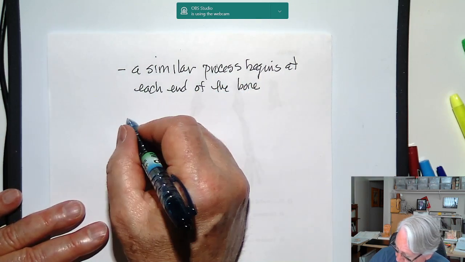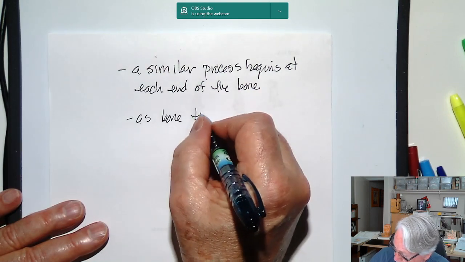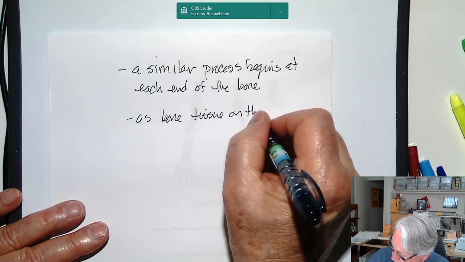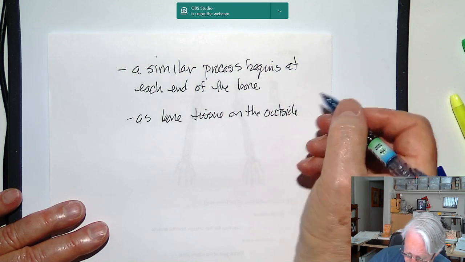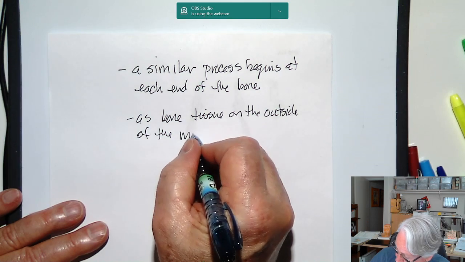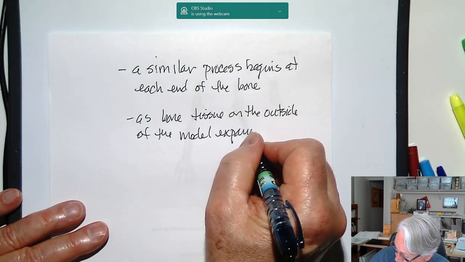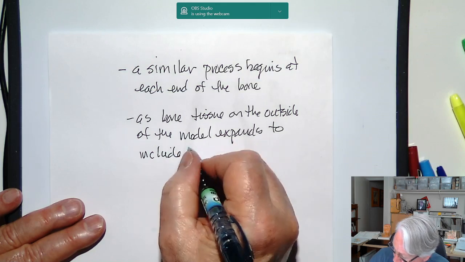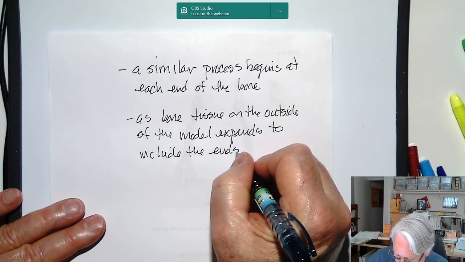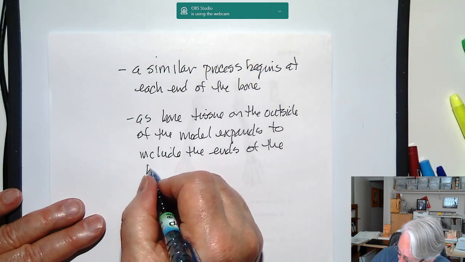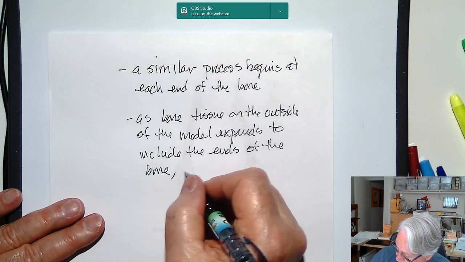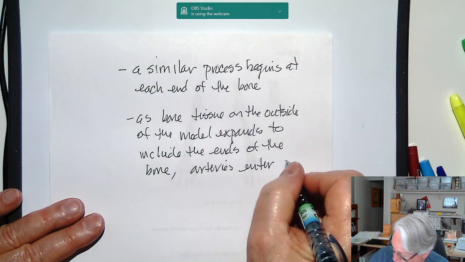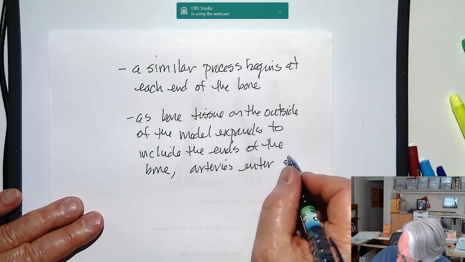As bone tissue on the outside of the model expands to include the ends of the bone, arteries enter the ends of the bones.